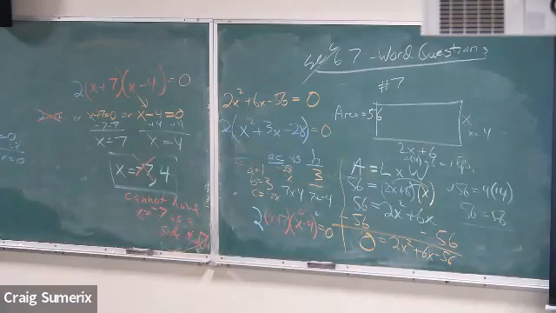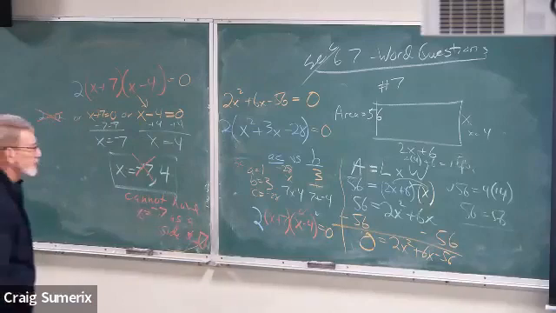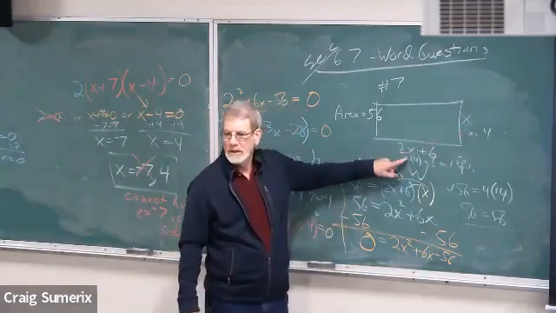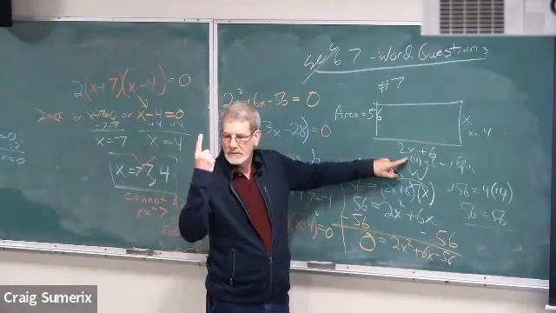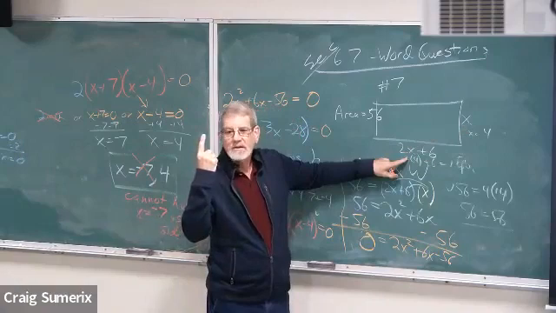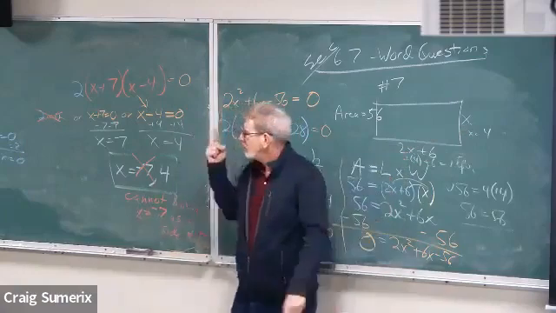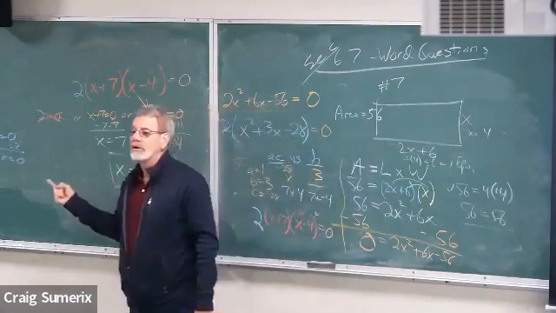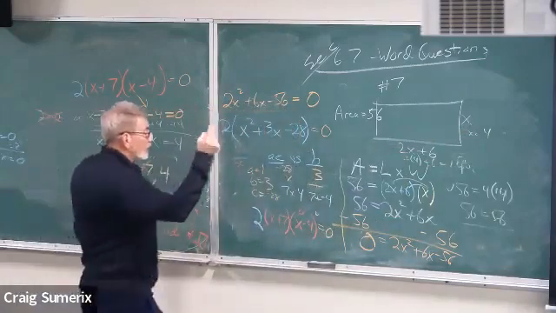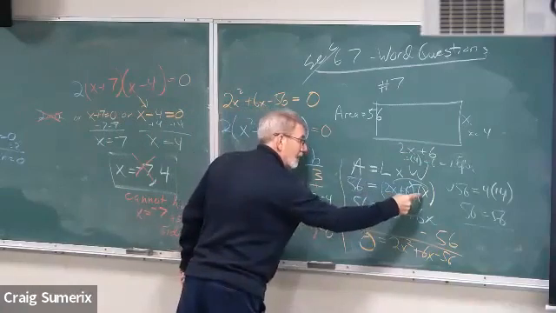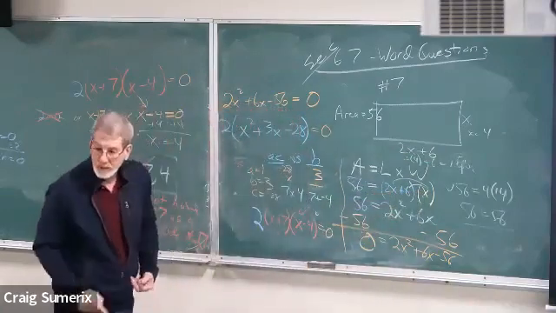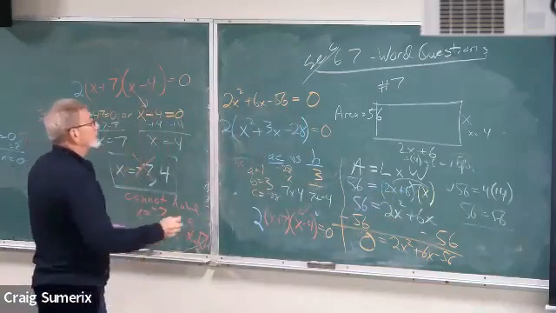So how did that happen? Let's go back and look at the original. What's your exponent here on your x? 1. What does that tell you? You can only have one answer. So how'd we get 2? We artificially created it right here. When you multiply x by x, you get x squared, right? Here's the issue.